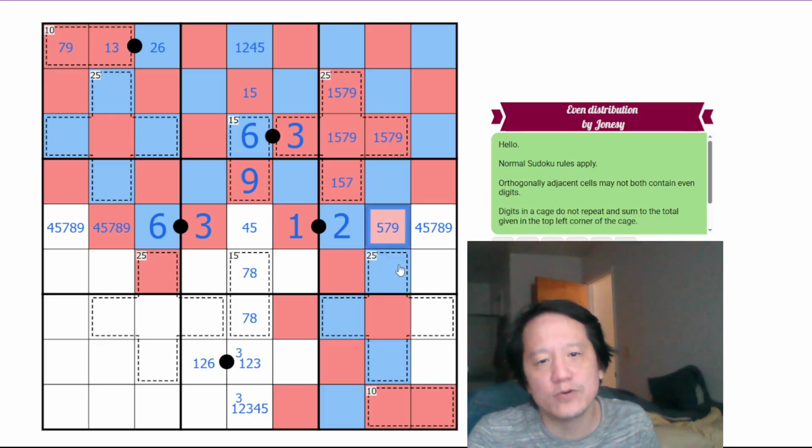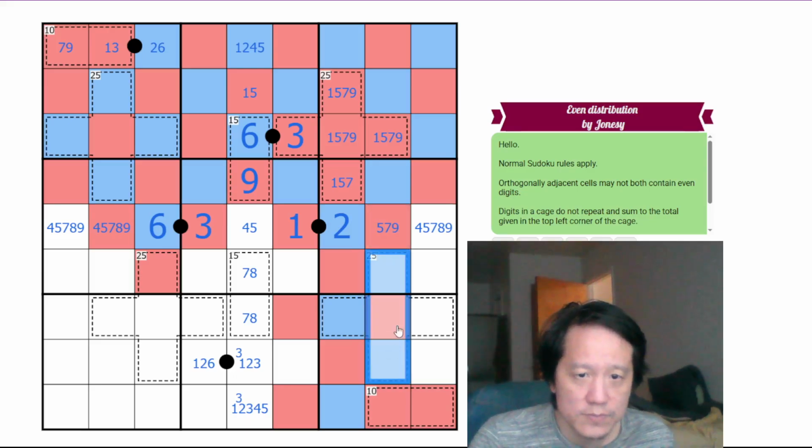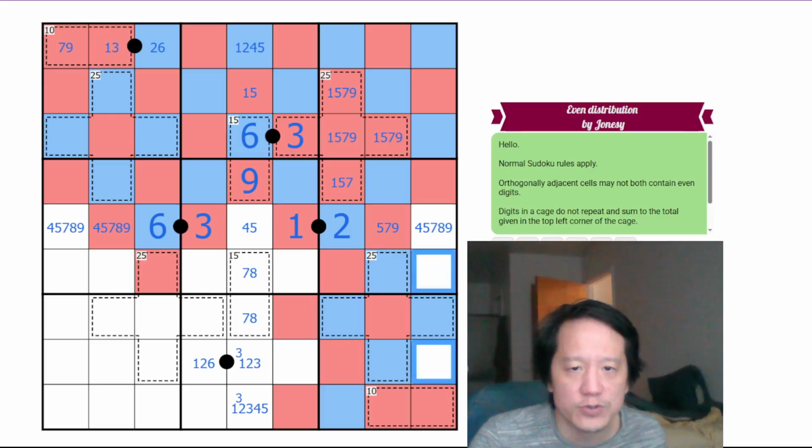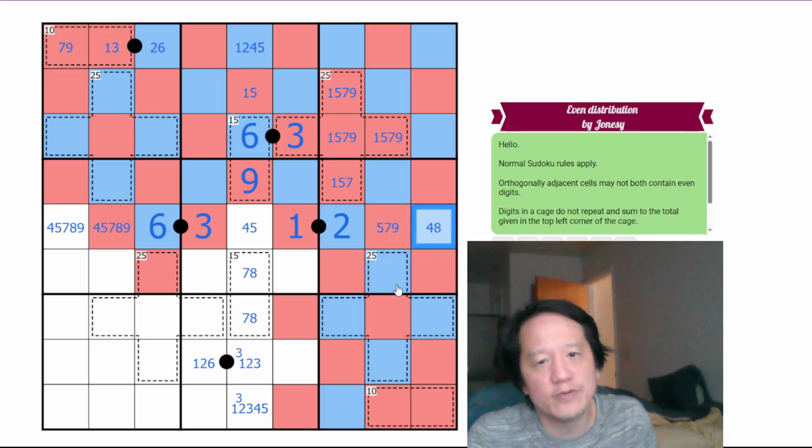Again, this can't be 4 or 8. We have 3 evens surrounding in this sum, which adds up to an odd sum. This is odd, so therefore the last digit here must be even. That forces both of these to be odd. That leaves an even digit there. Can't be 5, 7, or 9.